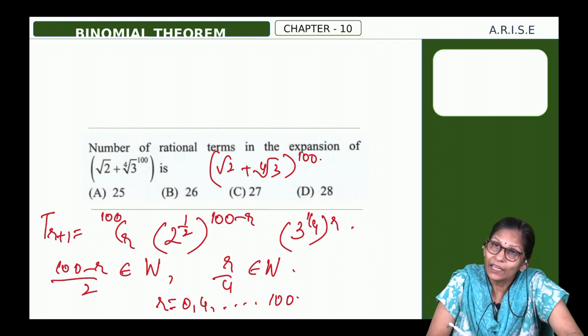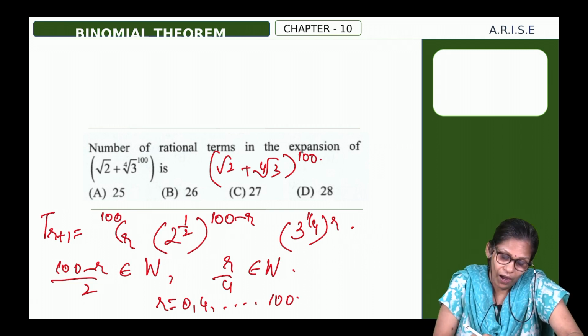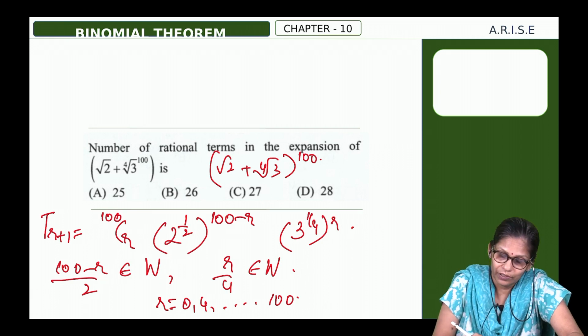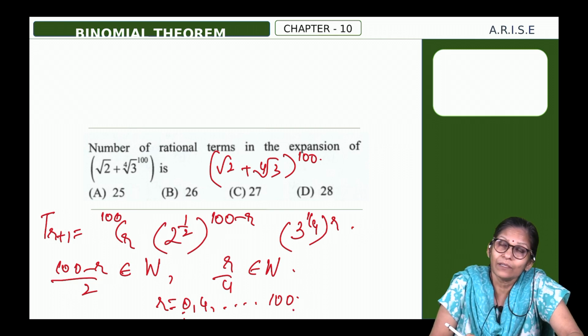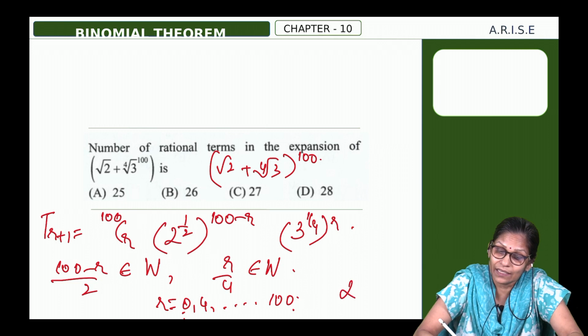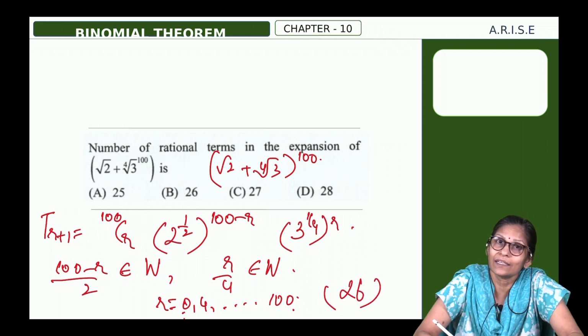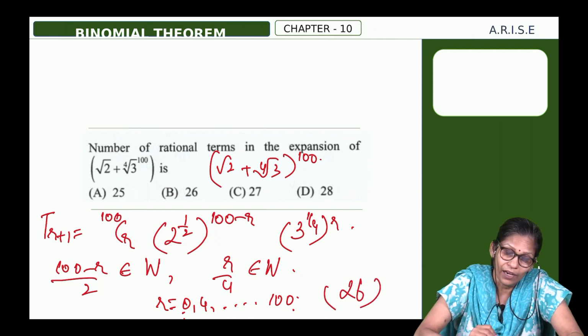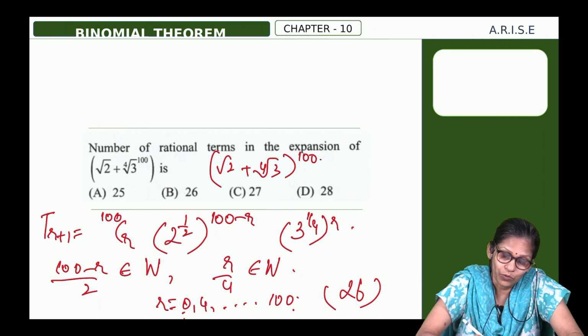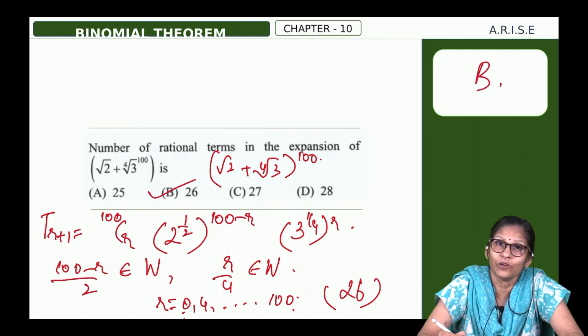Now, each of these values of r will give a whole number for this also. 100 minus 0 by 2, 100 minus 4 by 2, 100 minus 100 by 2 are all whole numbers. So, how many such things are there? r can take these 26 values. These 26 values of r will give a rational term. So, 26, option B is your answer.